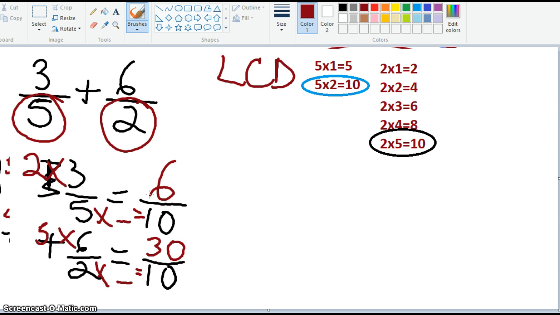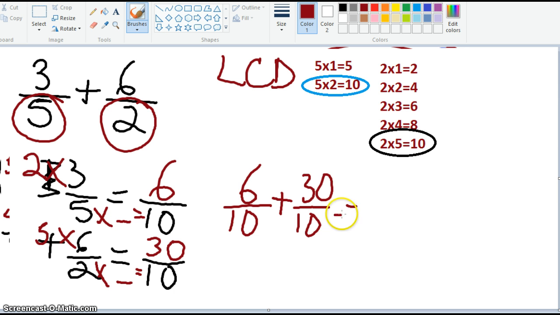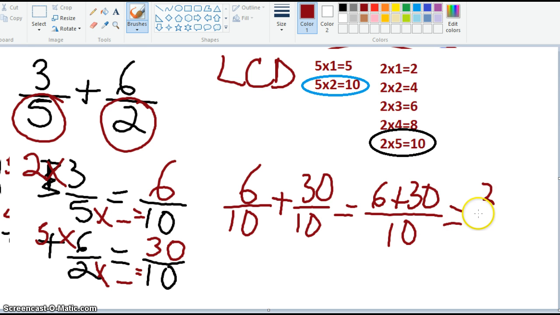I can now rewrite this problem as 6 tenths plus 30 tenths, which becomes 6 plus 30 over 10, which becomes 36 over 10.